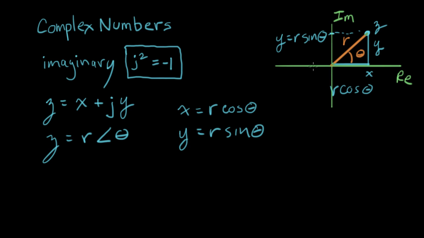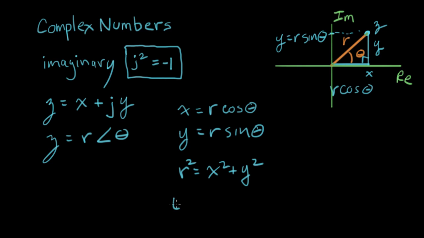Now let's go the other way. Suppose I know x and y, and I want to know r and theta. This is a right triangle here, so I use the Pythagorean theorem: r squared equals x squared plus y squared. Now if I want to find theta, I use another little bit of trigonometry. Tangent is opposite over adjacent, and opposite over adjacent is y over x.